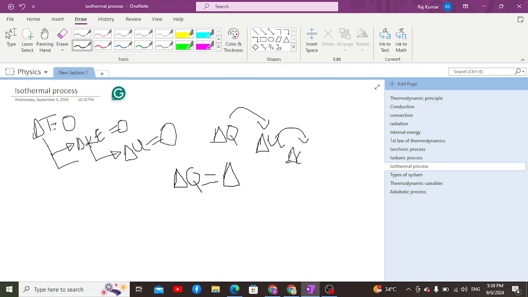But since the internal energy is not having any change, and the change in internal energy is equal to 0, the thermal energy will be directly converted into the work done, rather than first being converted into internal energy, and that internal energy being utilized in doing work.